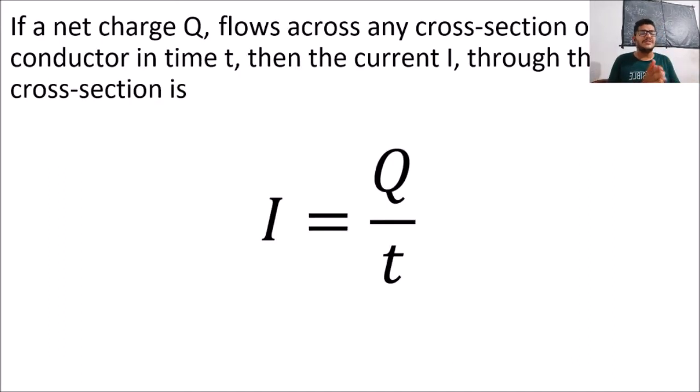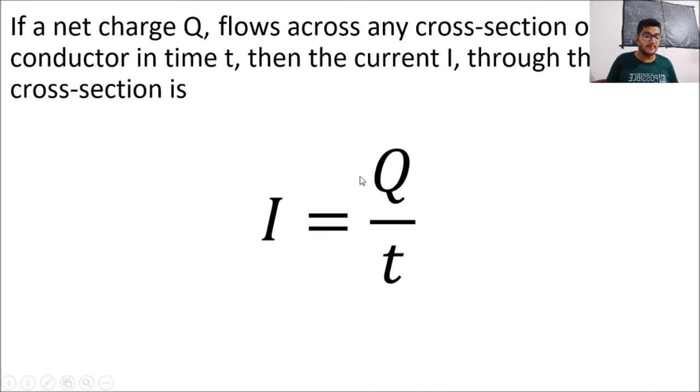So, if I consider a net charge Q passing through a cross section of a conductor in time t, what will be the current? The current I equals Q by t, as shown in the figure, where Q is the net charge and t is the time.